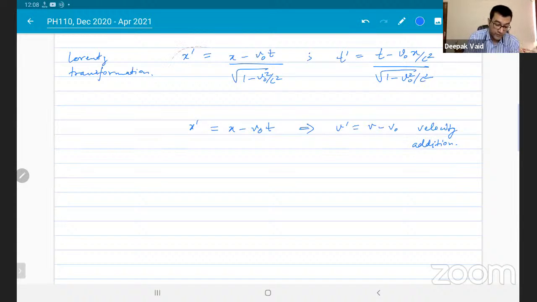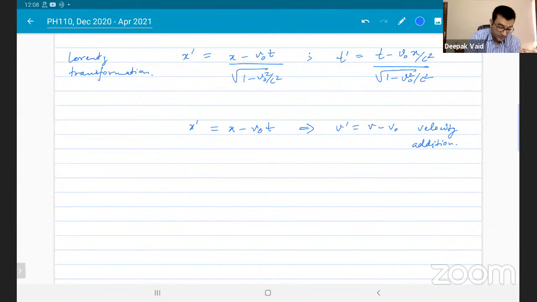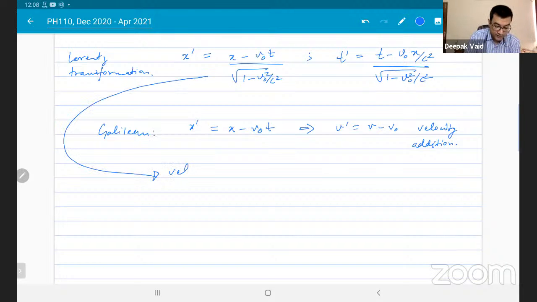Now, when you derive velocity addition from this expression, what will happen is your velocity addition formula will be changed. Okay, and we will look at the derivation. So when you have this, what you will get is something like this: v minus v naught over 1 minus v times v naught by c square.